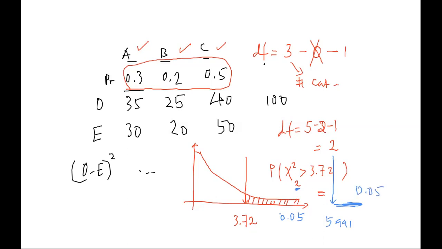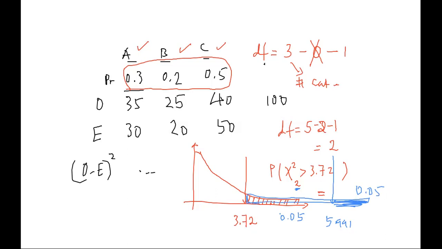Therefore, can you tell me what is the p-value of the test when you observe 3.72? Is it more than 5% or less than 5%? More, right? Because your piece is this large piece here. You know that from 5.991 onwards, this piece is 5%.